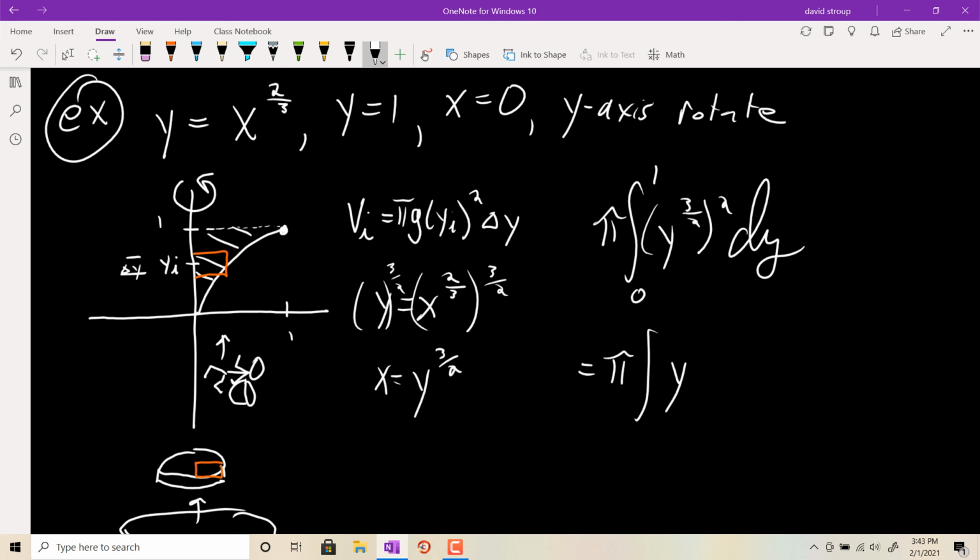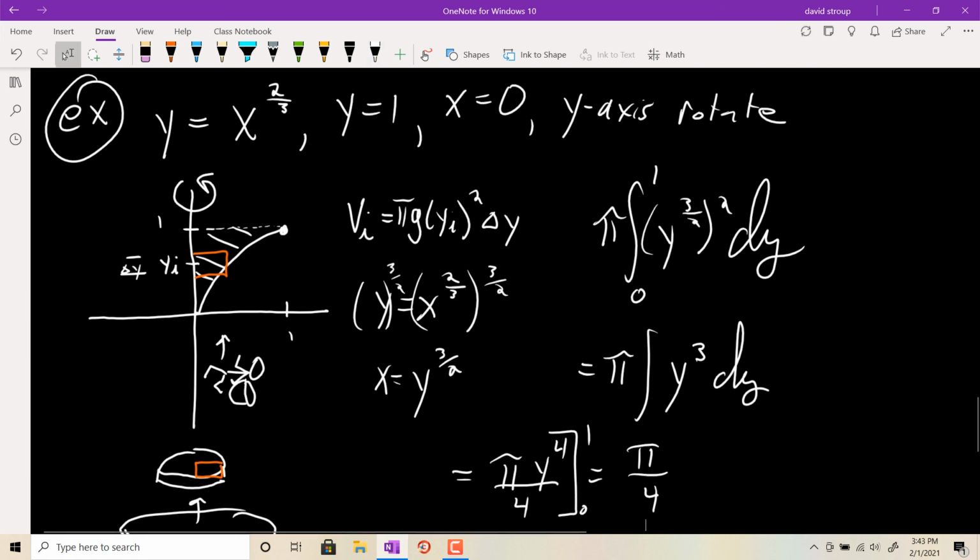You just multiply the exponents, so you just get y cubed dy. Then that'll equal pi times y to the 4th over 4. And we want to evaluate from 0 to 1. So when all is said and done, it's just pi over 4 for the volume of that guy there.